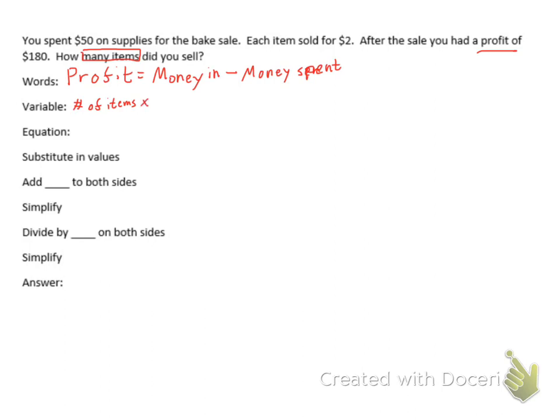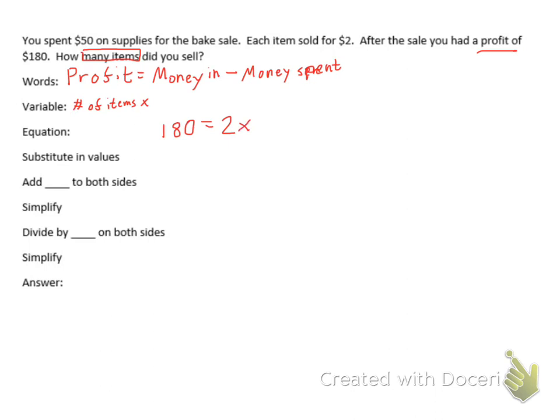All right, so here's going to be our equation. We've got the profit, which we know the profit was $180. As far as the money in goes, we know we sold each for $2, but $2 of how many, we don't know. So 2 times however many items we sold.